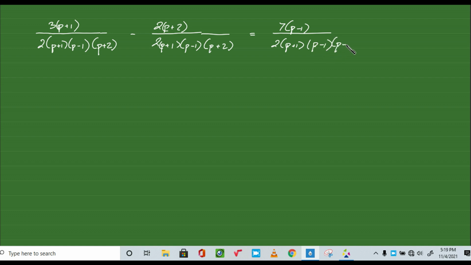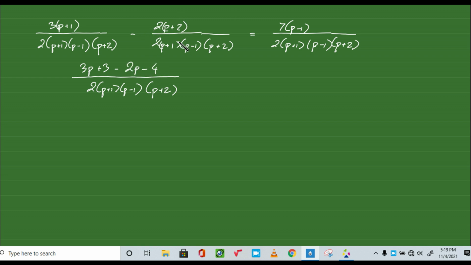Okay, there you go. Now you see that we have three rational expressions here with the same denominator. So I can keep the denominator, which is 2p plus 1, p minus 1, p plus 2, and on the top I have 3p plus 3 minus 2p minus 4.